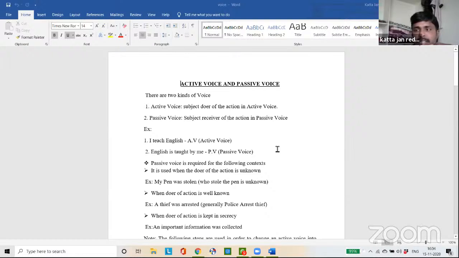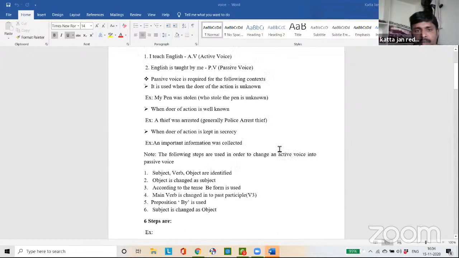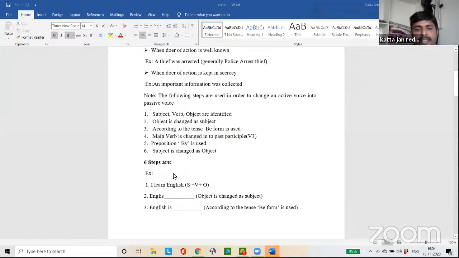Yes, this is our topic, active voice and passive voice. We have discussed how to change an active voice into passive voice, and these 6 steps are also helpful to recognize whether a sentence is in active voice or passive voice.